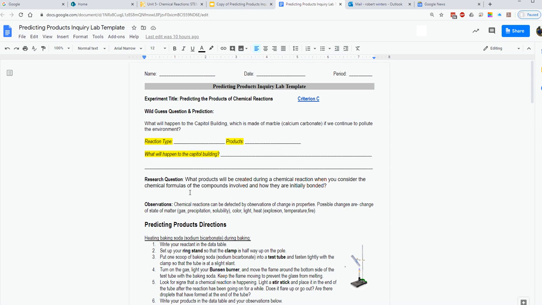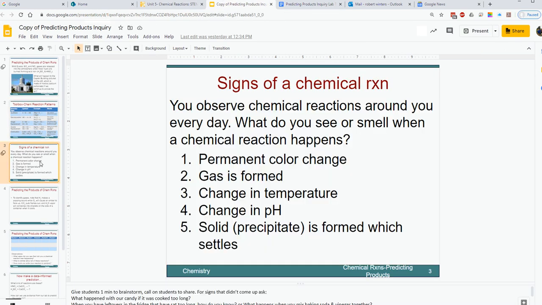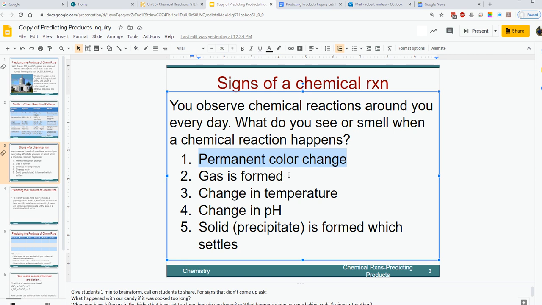Now, we're going to learn how to tell if a chemical reaction has taken place. There are signs of a chemical reaction. We're looking for changes. You might see a color change. You might see a gas formed. You might see a change of temperature. Sometimes it gets really hot, sometimes it gets cold. You might see a change in pH.